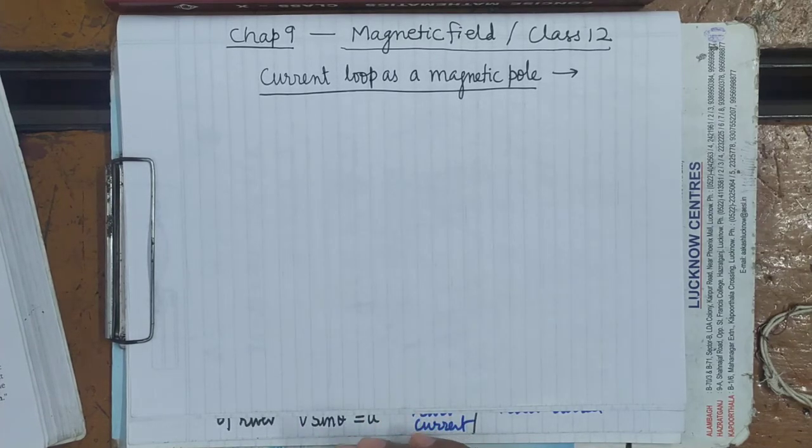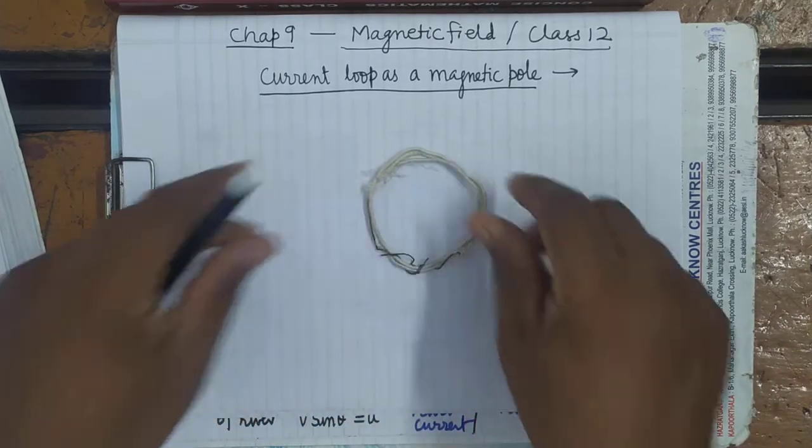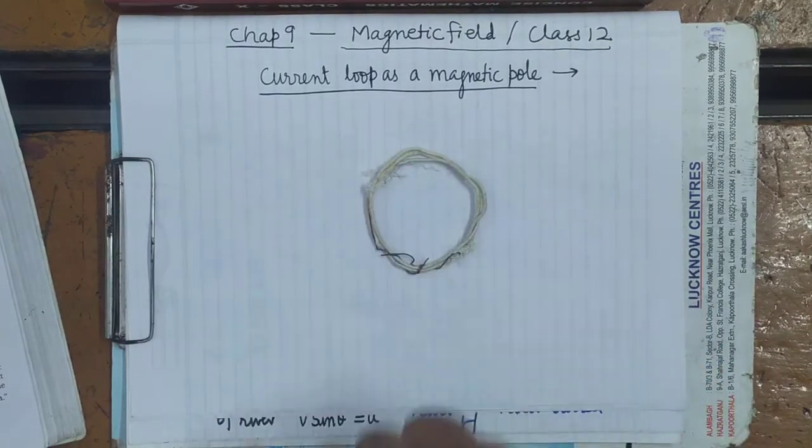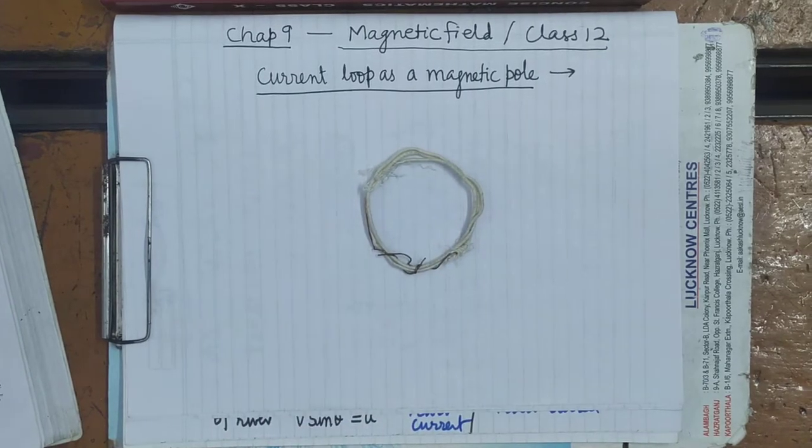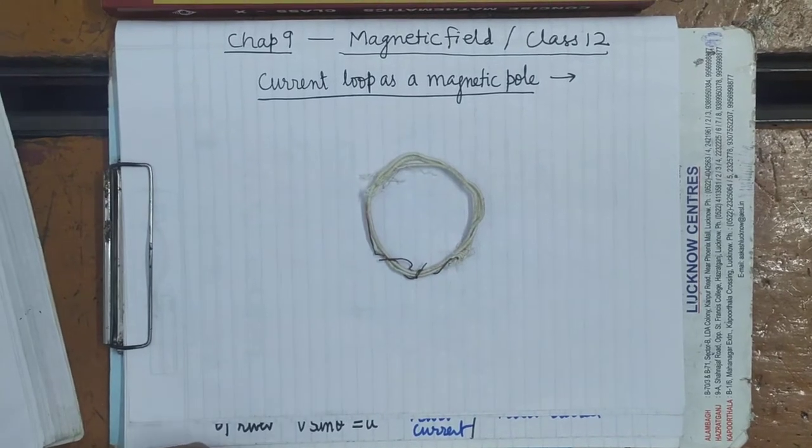A current carrying straight conductor produces magnetic field in its vicinity, but it is not a magnetic dipole. But if you see the solenoid, or a current carrying circular coil, I have made a circular coil here. When current flows through this, its one face will act as the north pole and the other face as the south pole.